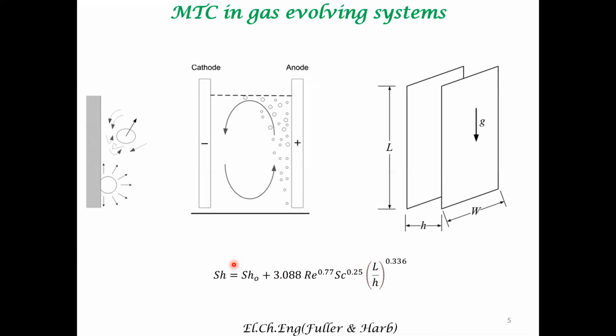You can go and read them to see how you use these correlations to get the mass transfer coefficient and how do you model them. Okay, so we're not going to elaborate anything further on this topic, but your textbook also gives you references that you can read to understand this topic in greater detail. We're just providing an exposure to this topic.